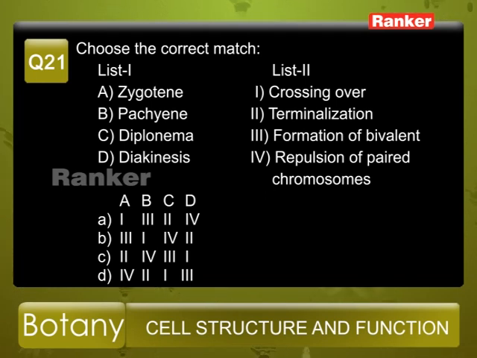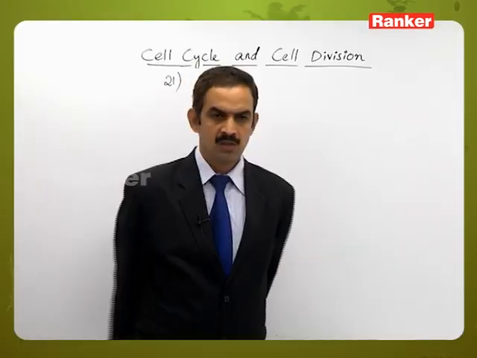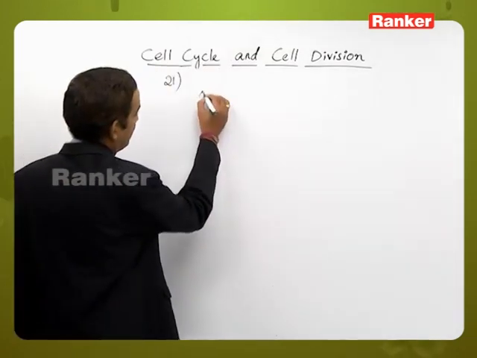The given options are option A 1, 3, 2 and 4, B 3, 1, 4 and 2, C 2, 4, 3 and 1, option D 4, 2, 1 and 3. So here let us take the options that have been given.